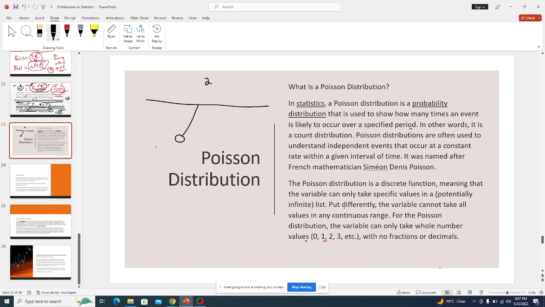When you start the oscillations, you can record how many oscillations will I get within 2 minutes, how many within 3 minutes, how many maybe I will get within 1 minute. So you can see here we have the aspect of time.